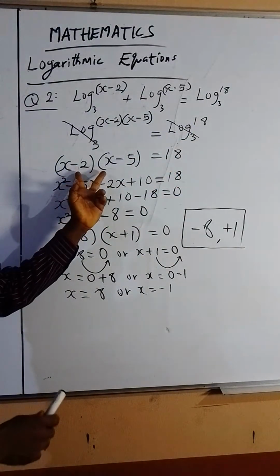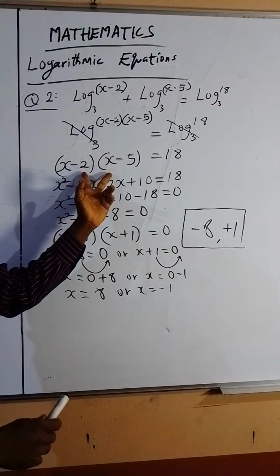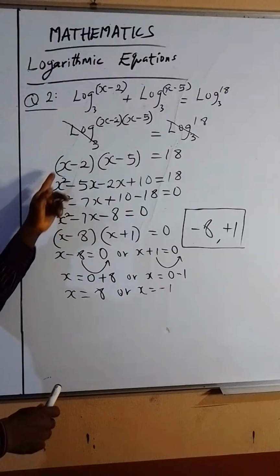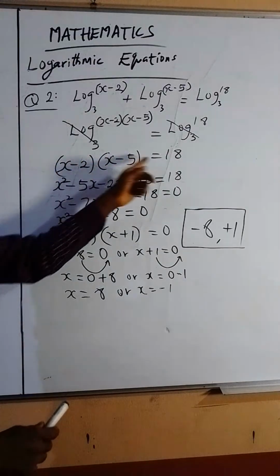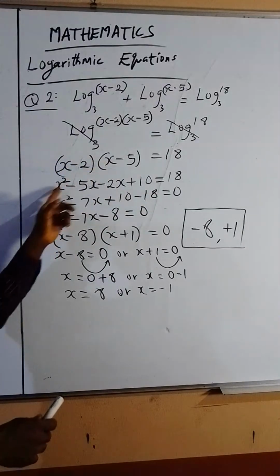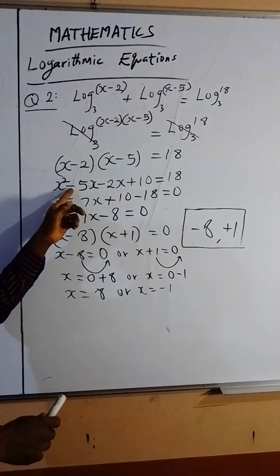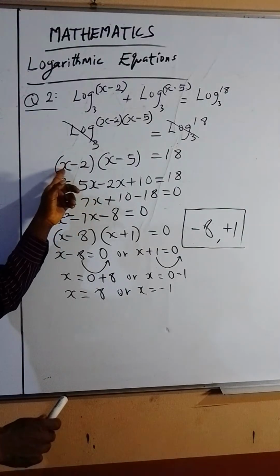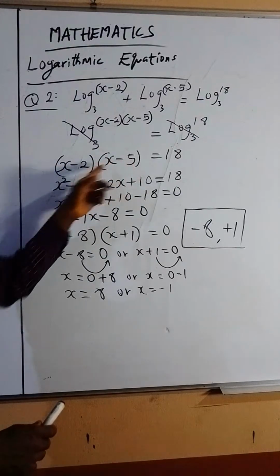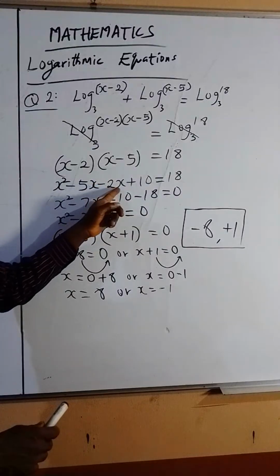Then we can simply expand these brackets. X times x is x squared. Then x times minus 5 is minus 5x. Then we are done with x. We are going to use x to multiply each of these, which is what we have done here. Then minus 2 times x is minus 2x.